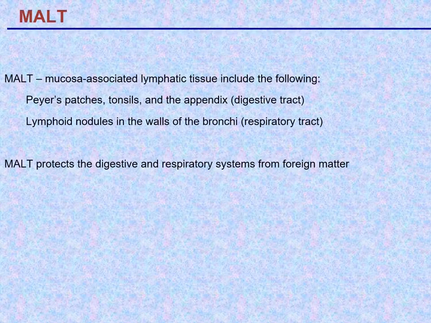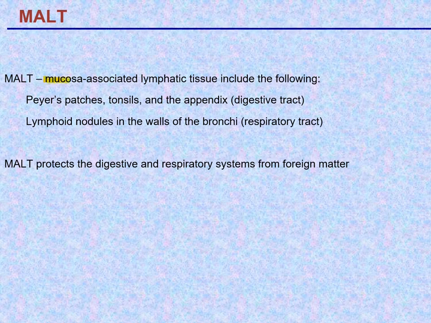So what other kinds of secondary lymphoid organs or tissue is there? What kind of immune tissue do you have? Spread throughout your body, you have mucosal associated lymphatic tissue. It is typically not encapsulated, a lot of it, but these are accumulations of lymphoid tissue, lymphoid cells associated with mucosal epithelium.